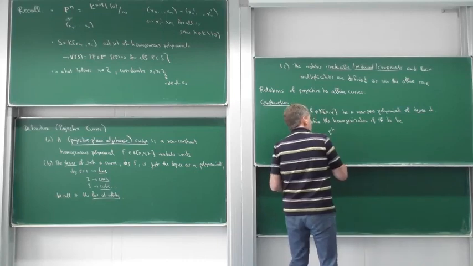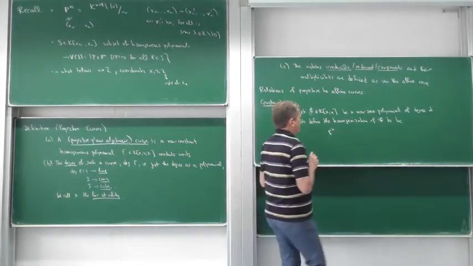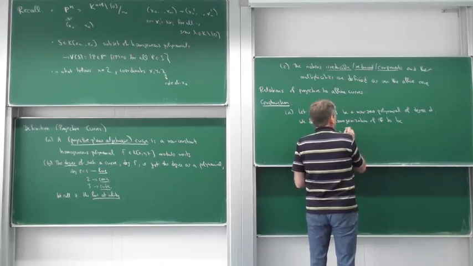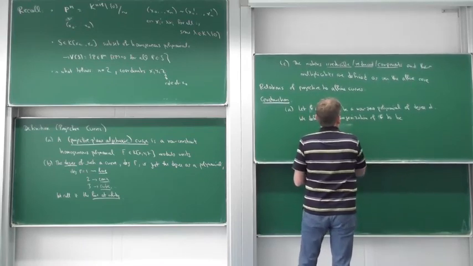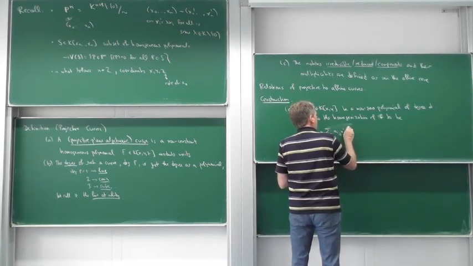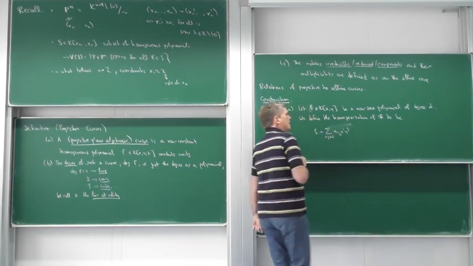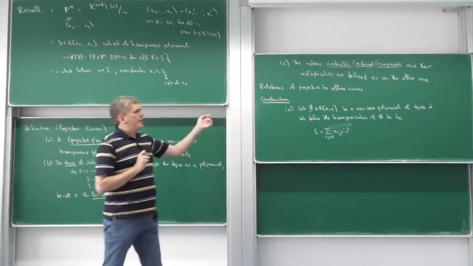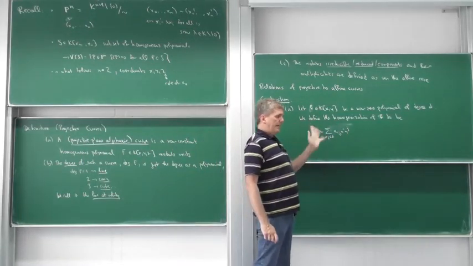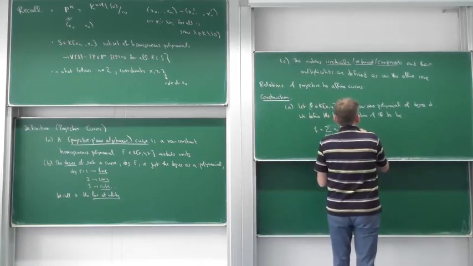So I'll denote it by f upper h, so h for homogeneous. And that would be, let's start with f. So it would be like the sum over a_ij x^i y^j, where i plus j is less than or equal to d, as the degree is d. And some degree d term will occur.